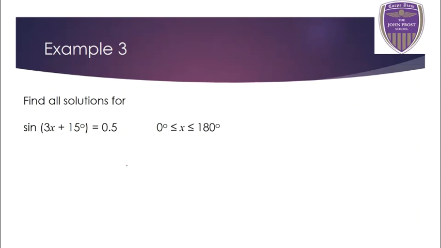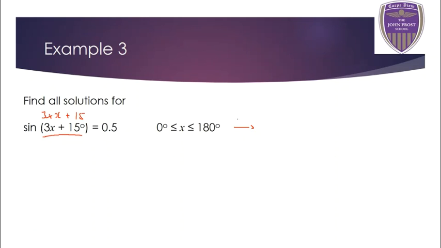Okay, so example 3, this is probably the worst case scenario here. This one, the compound angle is a bit more complicated, but again, we've got to change the range. Obviously, 3x add 15 means 3 times x add 15.